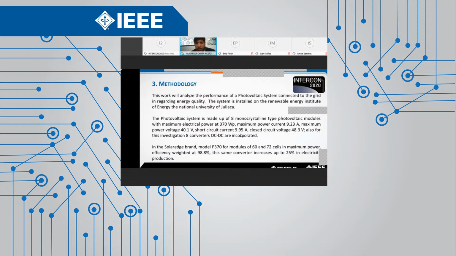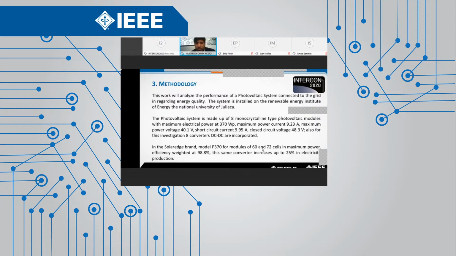We have 8 monocrystalline photovoltaic panels, and the maximum electric power is 370 watts peak. Maximum power current is 9.23 amperes. The maximum power voltage is approximately 14 volts. Short circuit current is 9.95 amperes.